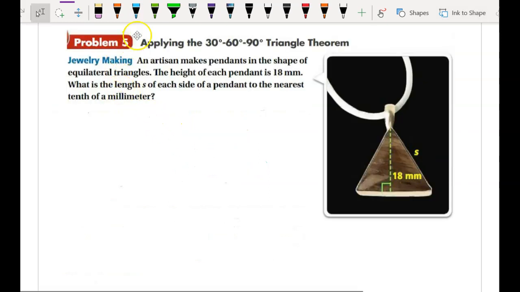Okay, last problem. Now we're going to apply the 30, 60, 90 triangle theorem with jewelry making. An artisan makes pendants in the shape of equilateral triangles. What do we know about equilateral triangles? I know that every angle is 60.